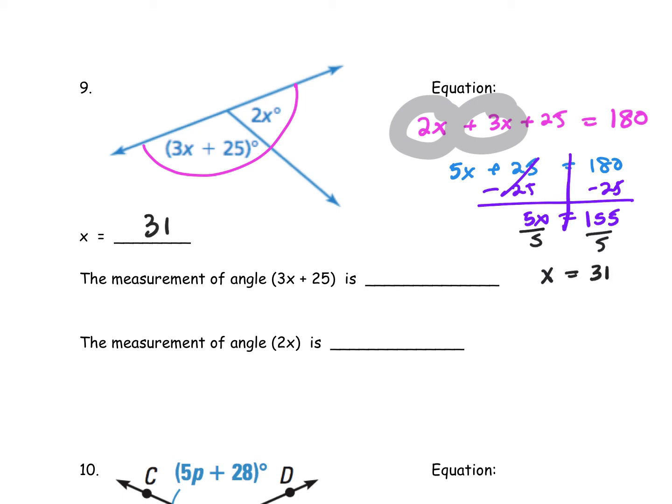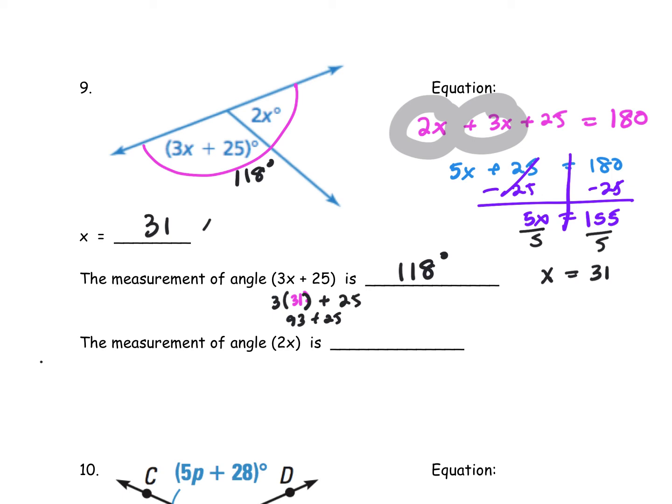So x equals 31. What is the measurement of this first angle, 3x plus 25? The measurement of that angle is 118 degrees. I personally like to mark my drawing. I think it's helpful. It goes on to say the measurement of angle 2x is.